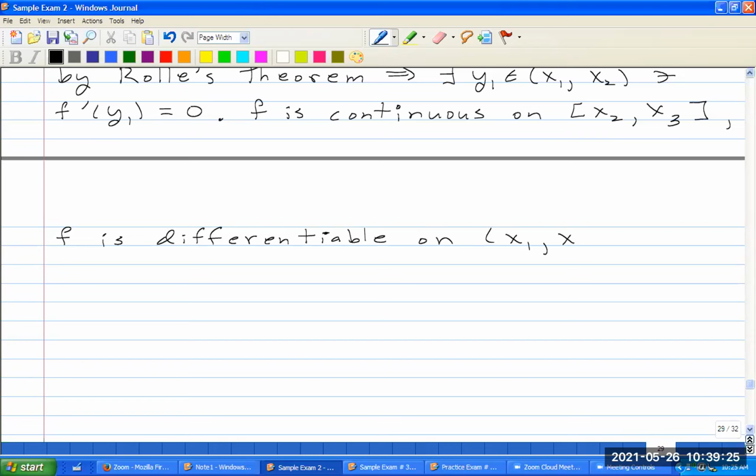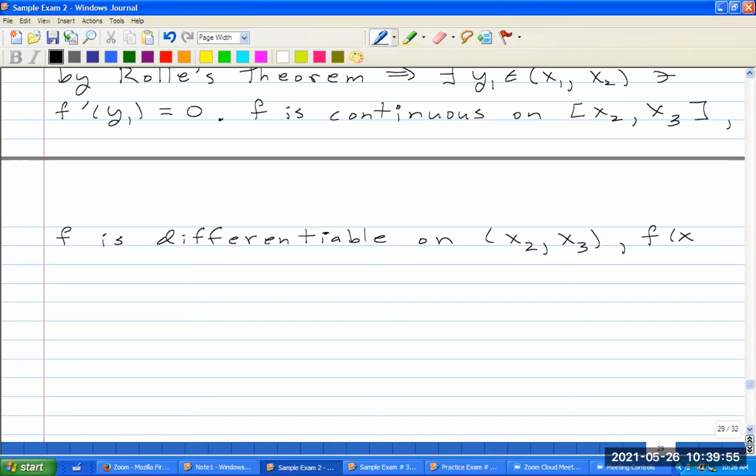And f is 0 at x2, x3, sorry. I'm talking about 2 and 3, sorry. And f is differentiable on the open interval x2 to x3. Now, of course, this is because x2 and x3 are in the domain of f.